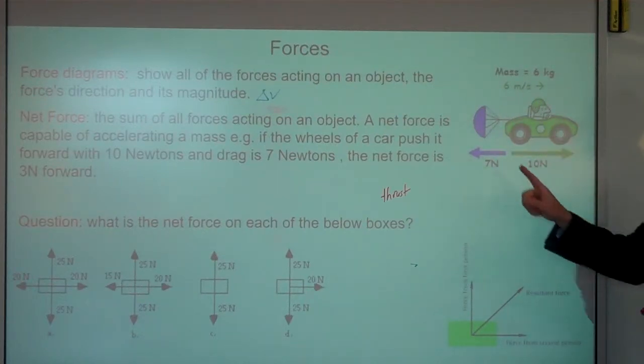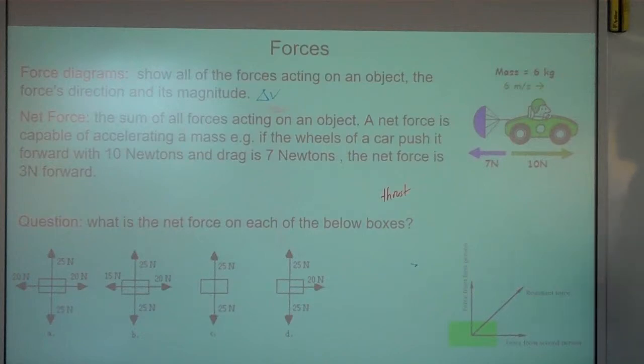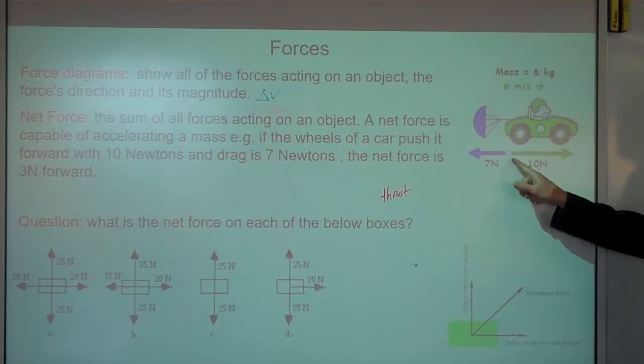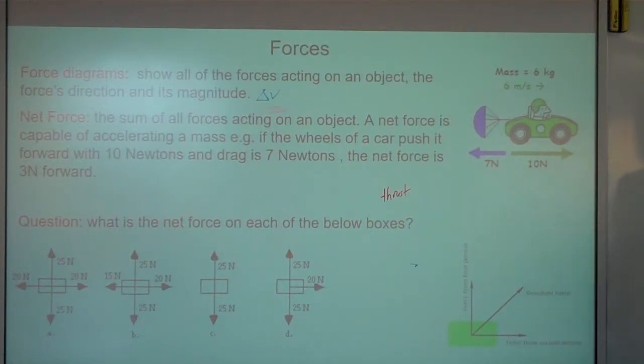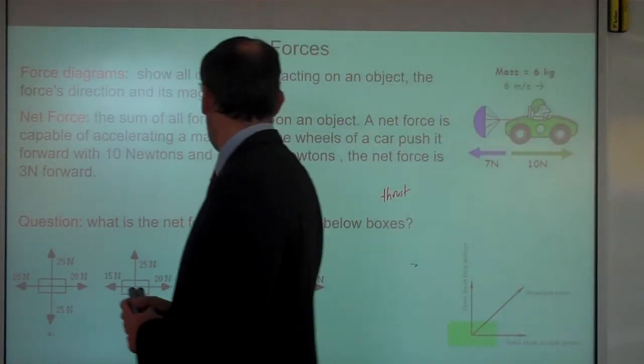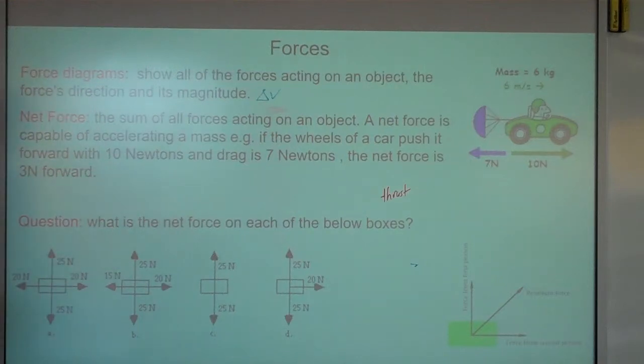We have some wind resistance in the form of that parachute, with a force of 7 newtons, in terms of friction or wind resistance, air resistance. And so this car will either continue to move or will start to move forward with a force of 3 newtons.